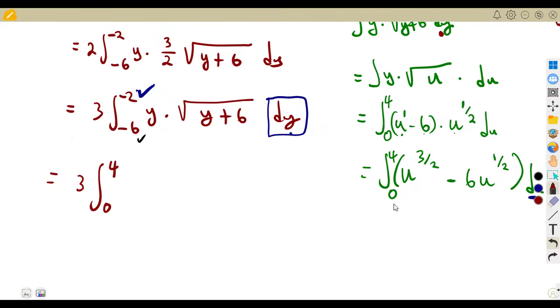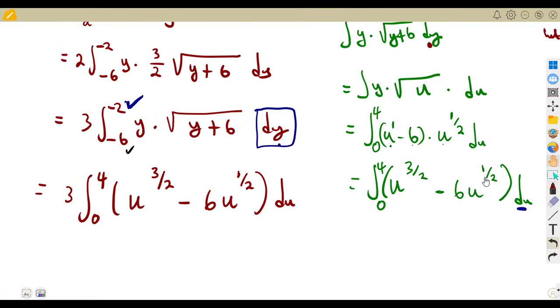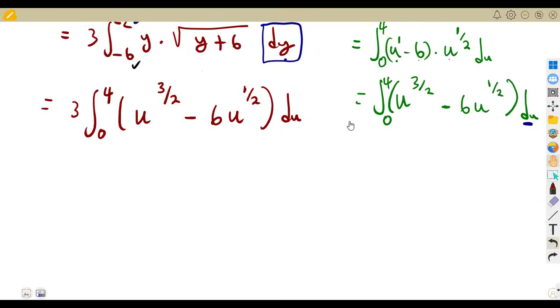What are we integrating? We are integrating u to the exponent of 3 over 2 minus 6u to the exponent of a half, everything with respect to u. These are change of limits. You're supposed to also think about these guys, okay? In N6, let's think about this also. We talked about this in N5 anyways, but we need more in N6.